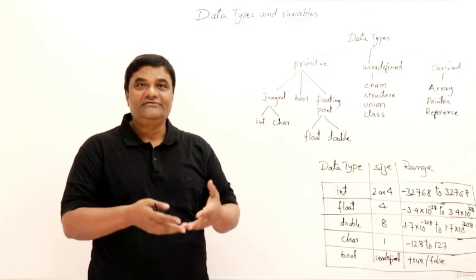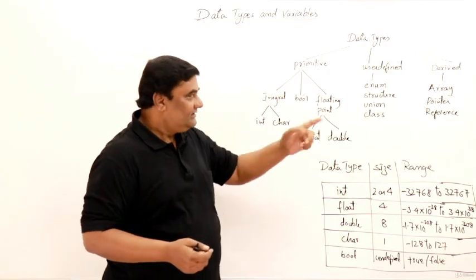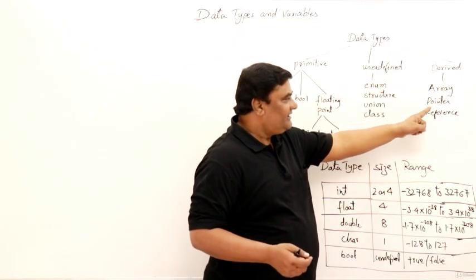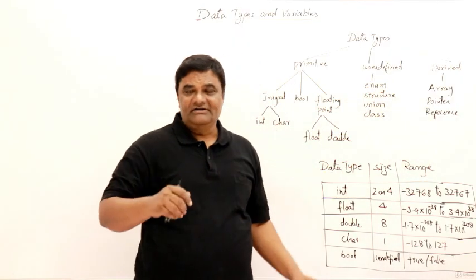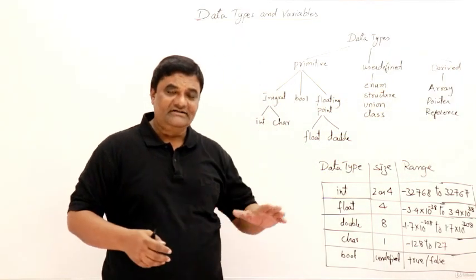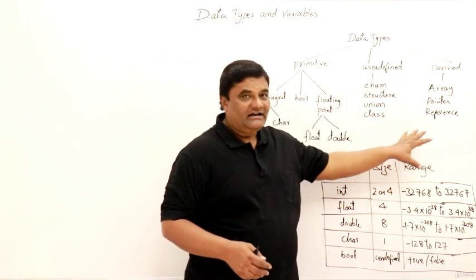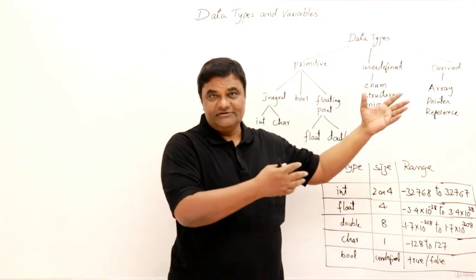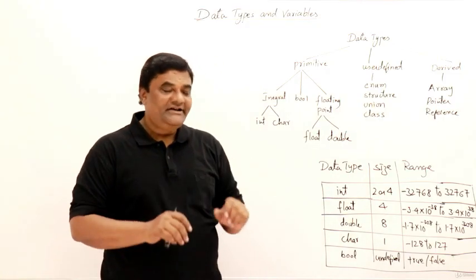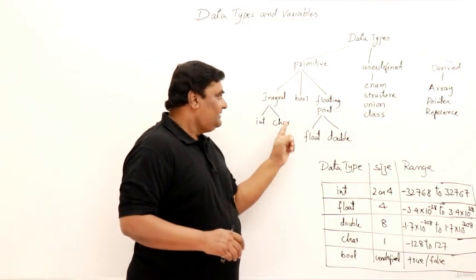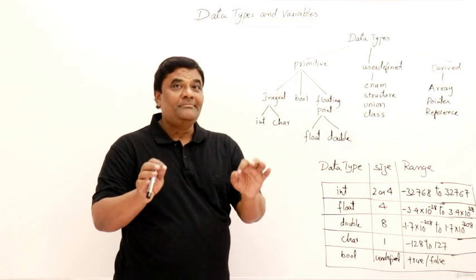There is a lot to learn about it. Then at last, arrays, pointers and references: we have these as separate topics in some sections, so you can check that. These are detailed, lengthy topics, so we have a section for each. Now in this video, you have to learn these data types, and remember them now only.